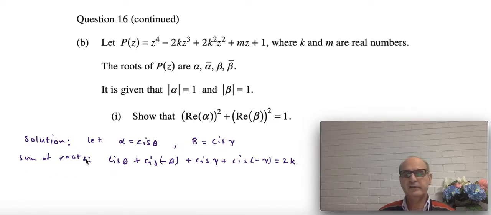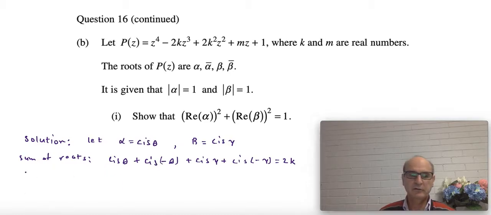All right, using the sum of the roots, we have cis theta and cis minus theta, that is alpha bar, plus cis gamma, that's beta, plus cis minus gamma, that is beta bar, which is the conjugate of beta, equal to minus b on a, which is minus 2k on 1, which is 2k. Here we've got two numbers which are conjugates, so their imaginary parts cancel, and we get two equal real parts.